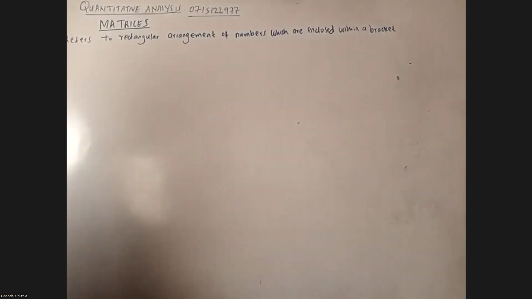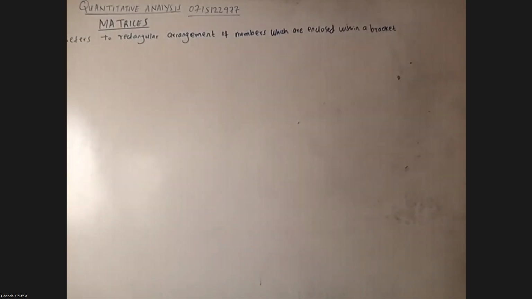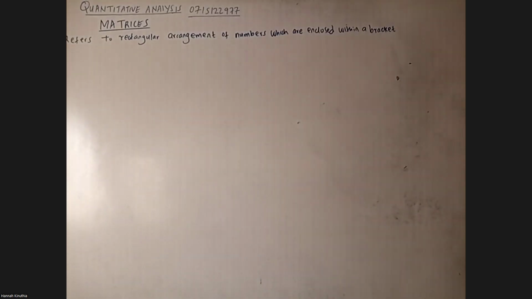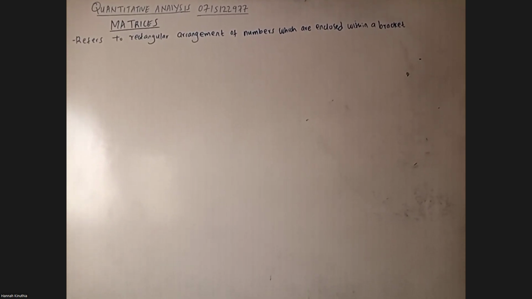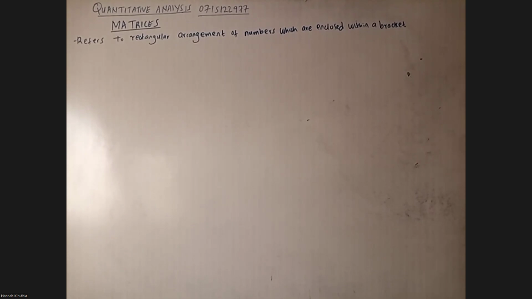That is a good definition of the word matrix. So in an exam, if you find such kind of a question required to define what a matrix is, then you shall say that a matrix refers to rectangular arrangement of numbers which are enclosed within a bracket.